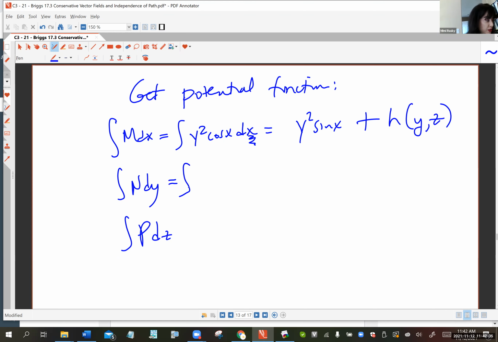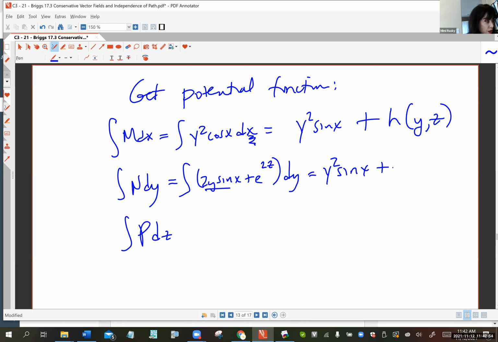All right, now we're going to do the second integration. We're going to integrate the N, which is 2y sine x plus e to the 2z power. And that needs to get integrated with respect to y. First term, I get a y squared sine x.